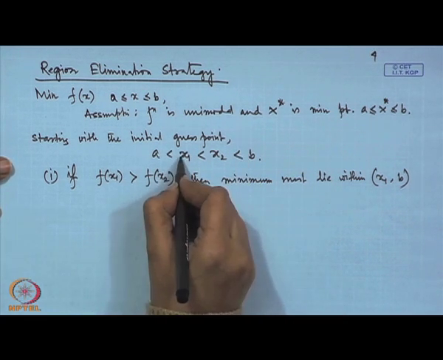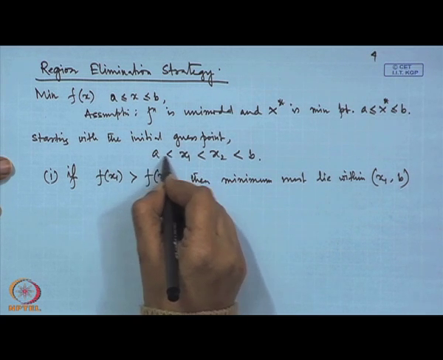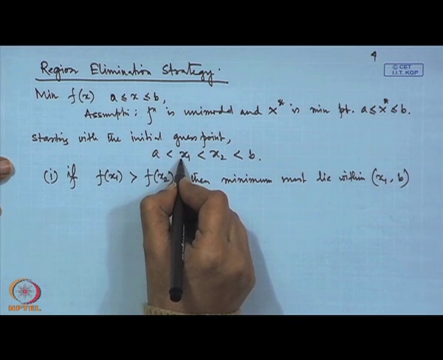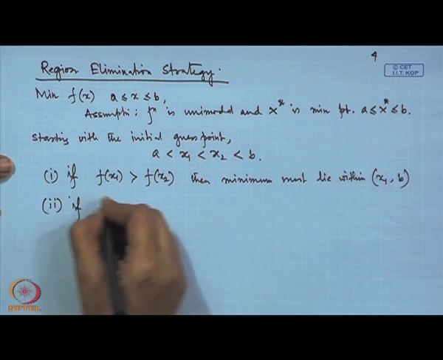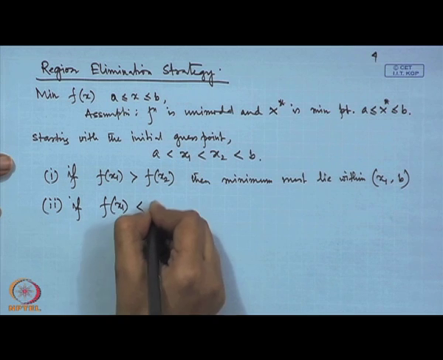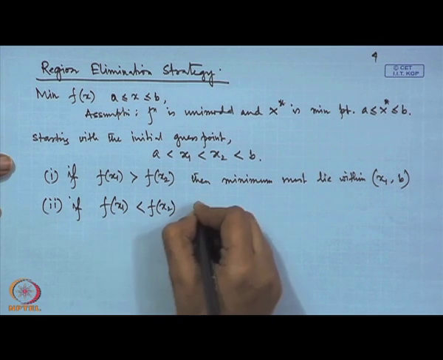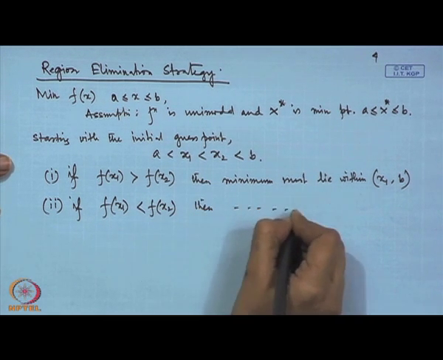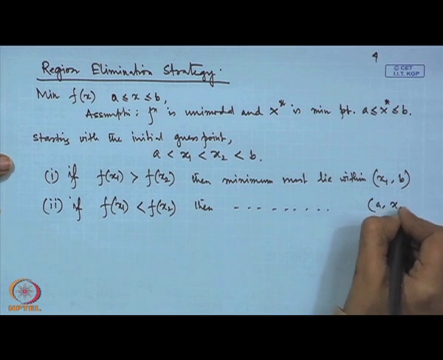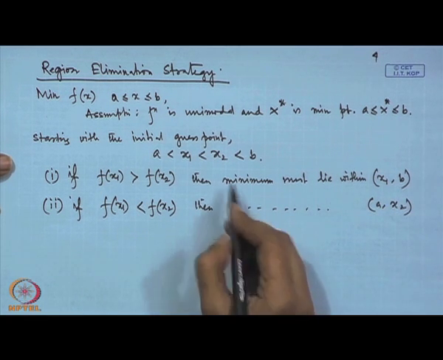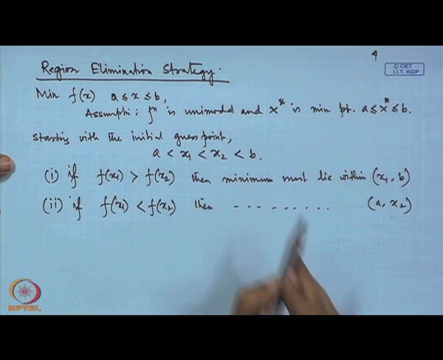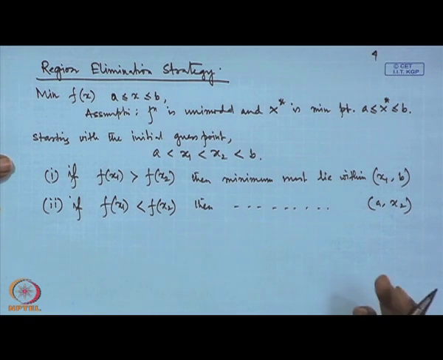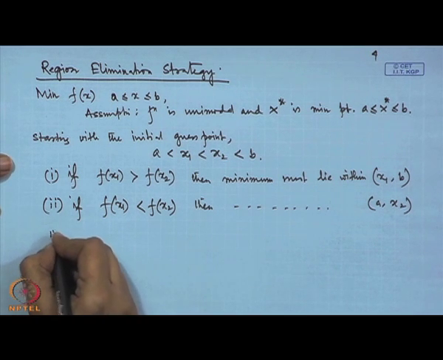That is why we will discard the interval a to x1 in the next iteration. But in the other case, if f(x1) is lesser than f(x2), then the minimum must lie within a to x2. That is why in the next iteration we will discard the interval x2 to b. We will eliminate the region.